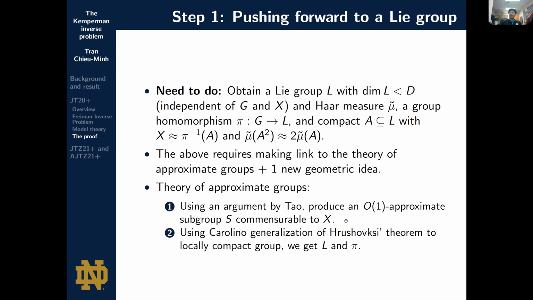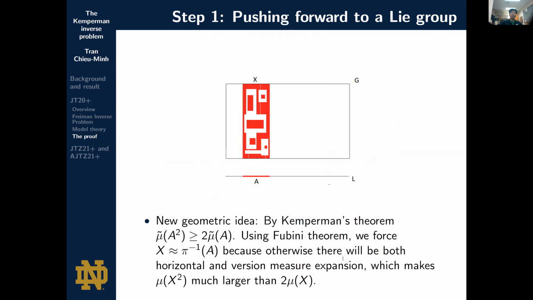So we are not really in the context of a finite group. So we need to use a generalization of Hrushovski's result for locally compact groups, but that was already obtained by Carolino. Using that result, we get the group L and pi.